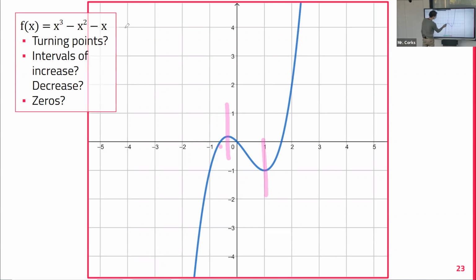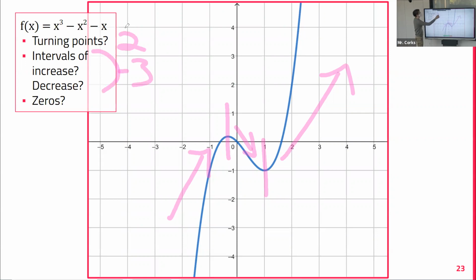So we have the left of the first turning point, an increasing slope. Between the two, we can see it's going down. That's a decreasing slope. So all negative slopes. And then after, increasing slope. So 3 of these intervals. 2 turning points produces 3 intervals.